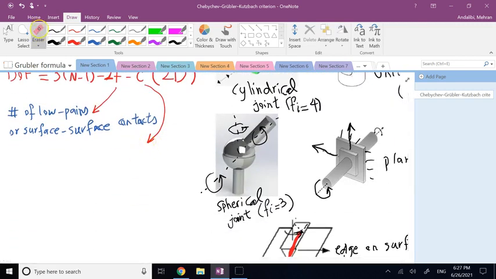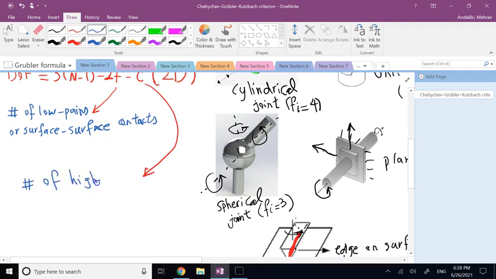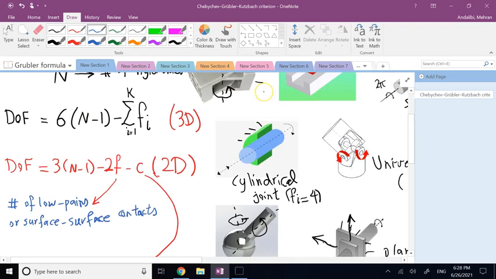C is what we call the number of high pairs, or the ones that take away 1 degree of freedom only. And these are what? These are basically edge contacts or point contacts.